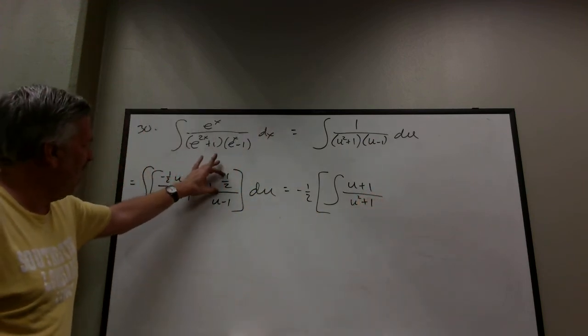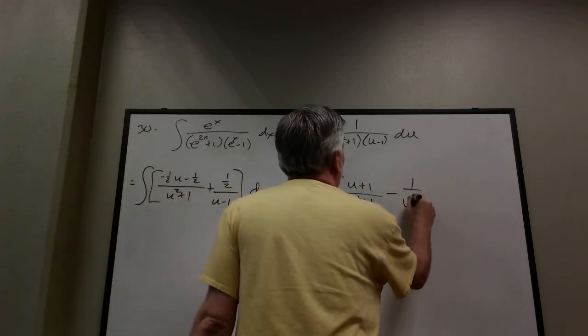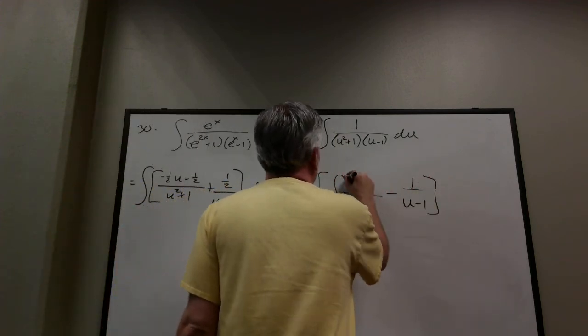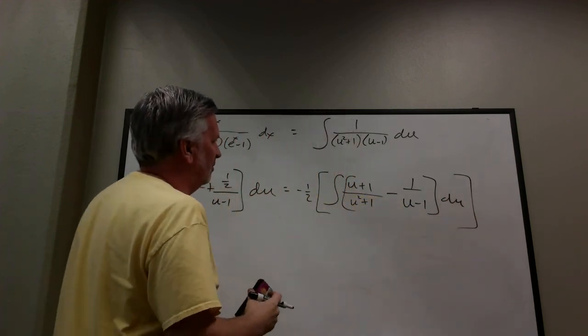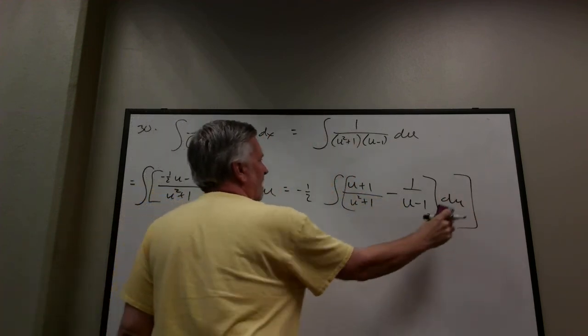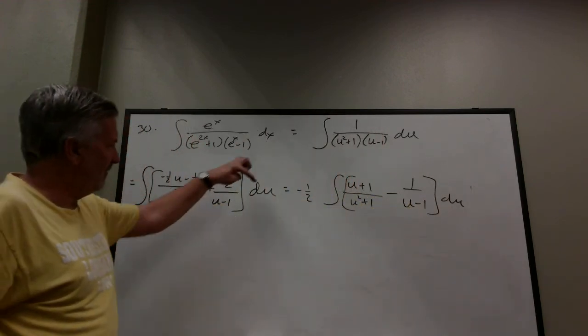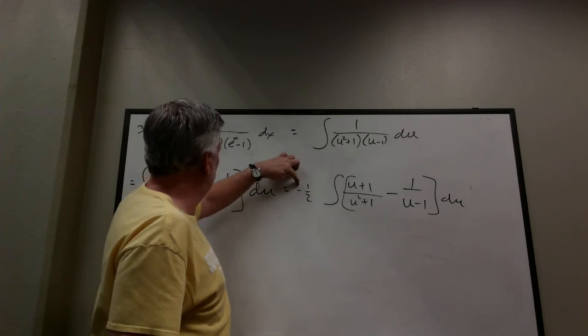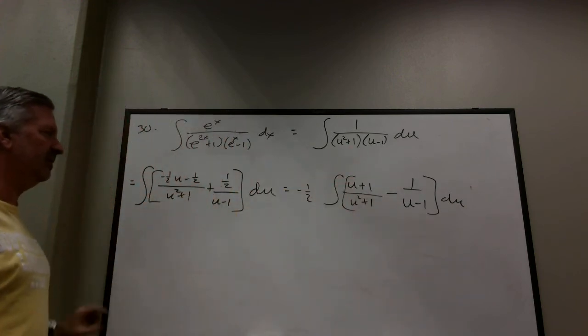And if I factor a minus 1/2 out of this, I have to change the sign, so I'll get minus 1 over u minus 1 du. Right, if I put it back in, that'd be minus 1/2 u minus 1/2 plus 1/2.